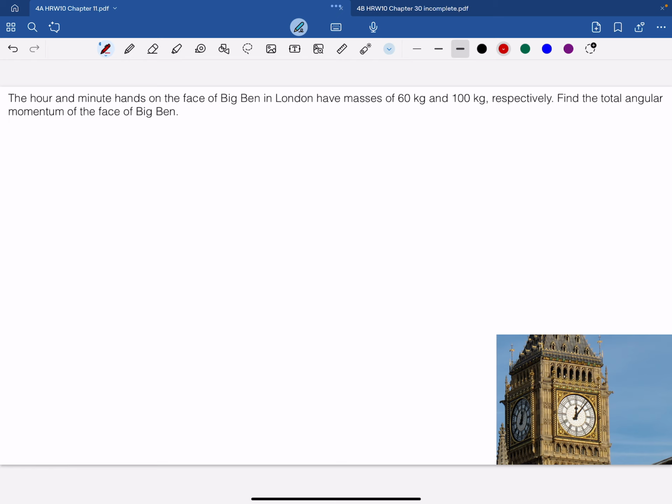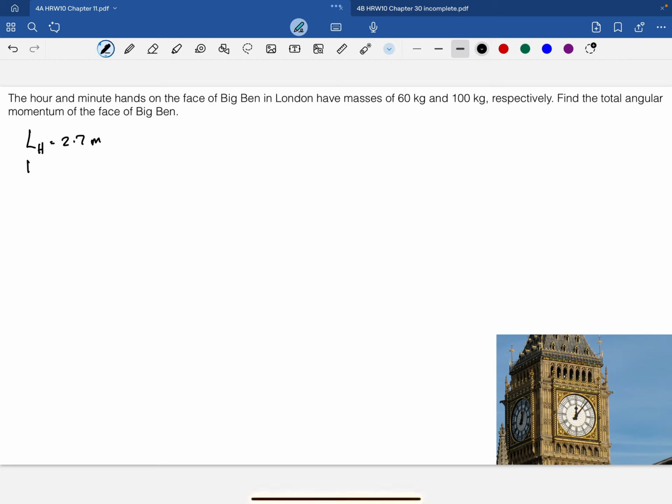So big clock, right? In this problem, I thought I fixed this slide, and I always seem to never remember to fix it. The radius, or the length, of the hour hand needs to be given. It's 2.7 meters.